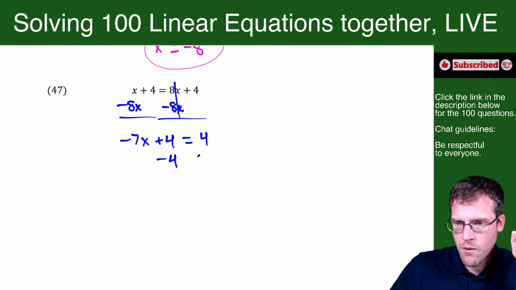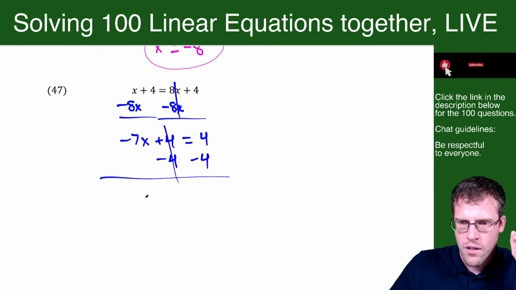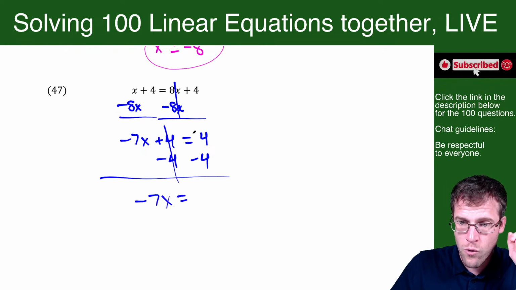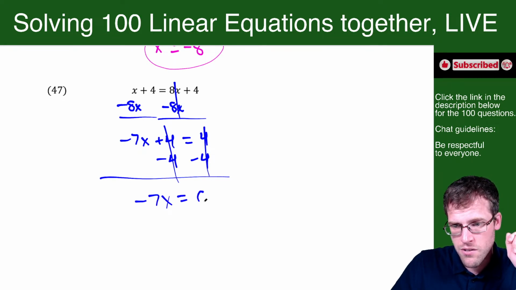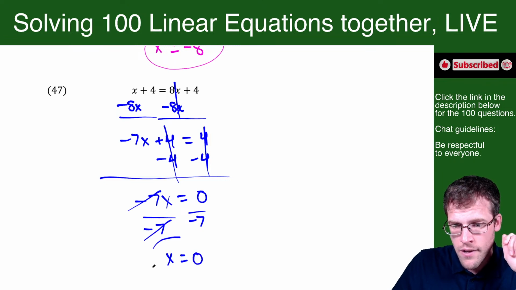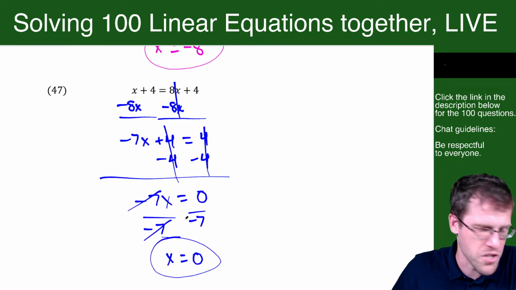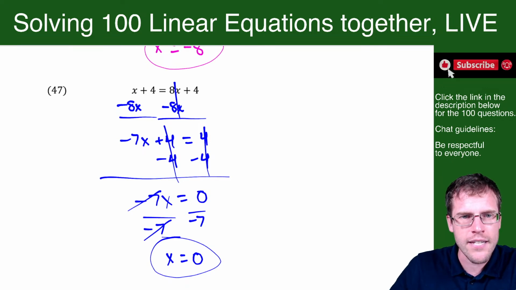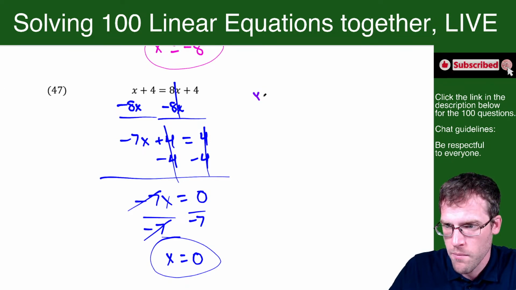But watch what happens now. We do minus 4 on both sides, and 4 minus 4 cancels. We got negative 7x equals, 4 minus 4 also cancels to make 0. So you divide both sides by negative 7, and you're going to get x equals 0 divided by negative 7 is 0. So, of course, I had to include a question where 0 is the answer. And anytime I get 0 as an answer, I'm like, wait a minute.